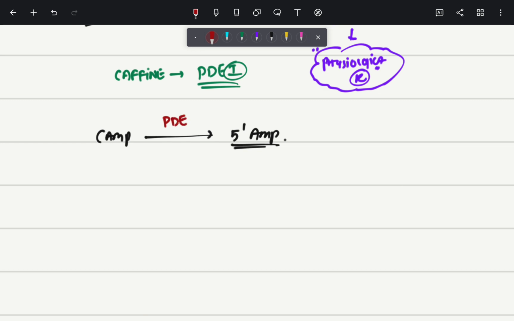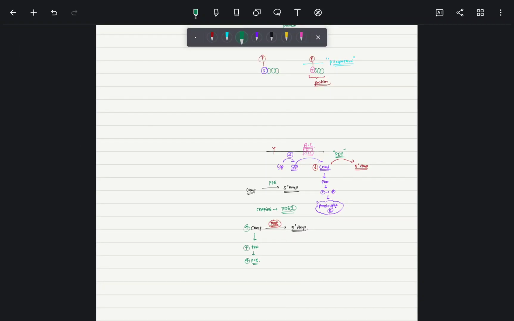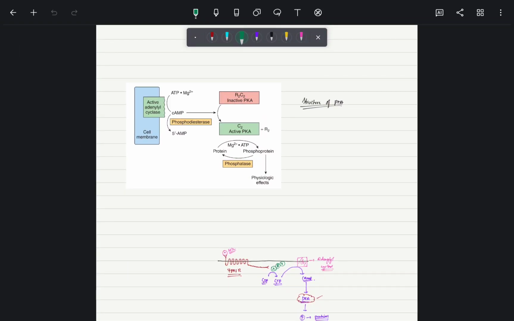Now this was done by phosphodiesterase. Now we are going to inhibit this phosphodiesterase enzyme by adding caffeine. So what will happen? There will be an increase in cyclic AMP, increase in protein kinase activity, so increase in physiological response. For example, you will not sleep whenever you are taking caffeine because there is increased cyclic AMP. Okay, so that was about the structure of protein kinase and phosphodiesterase.